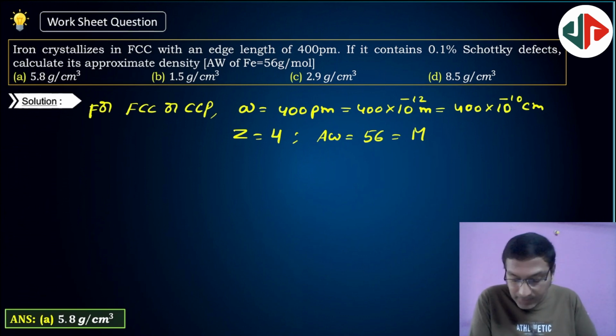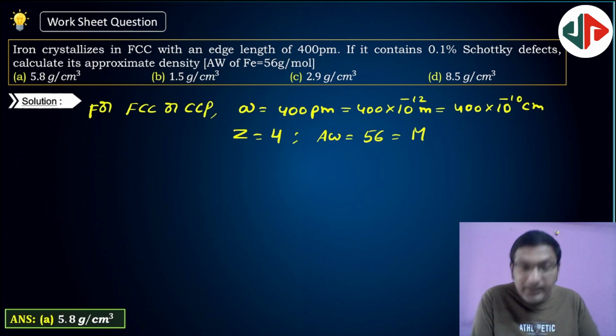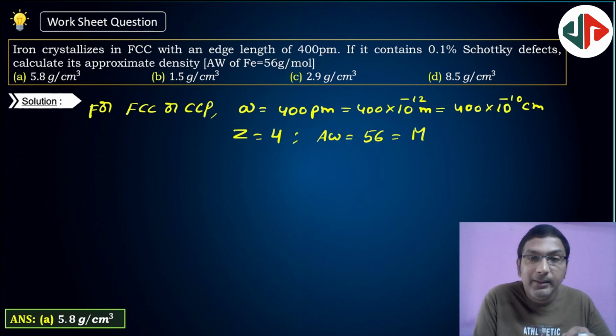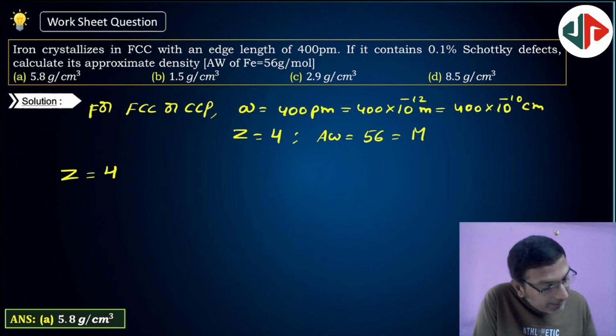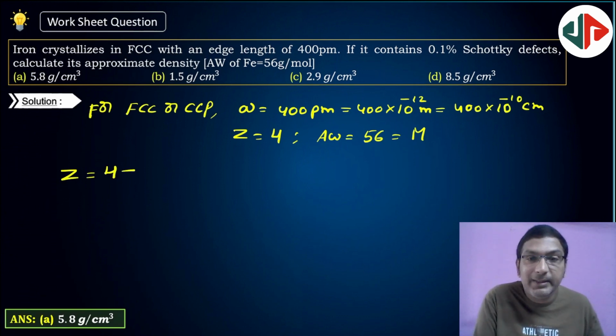We can take it as here M. Next. Here we must calculate density if it is 0.1% Schottky defects rate. Therefore, effective number of Z equal to 4 minus. So due to Schottky defect, density decreases.